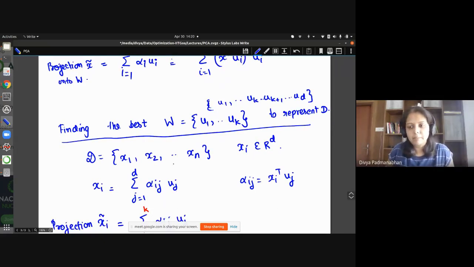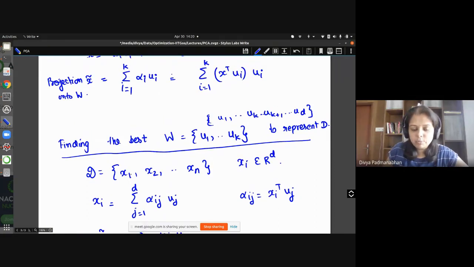So again, let's come back here. The data set is given as x1 to xn, and each point xi is in Rd. So xi can be represented using u1 to ud, any orthonormal basis, which is something that we are going to find. But given a u, you can write it in this manner.